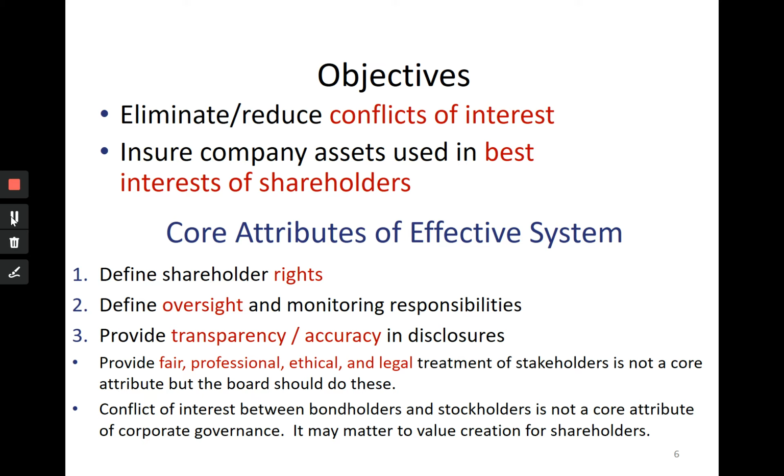The other issue is the conflict of interest between bondholders and the stockholders. That is, the stockholders or owners may want to shoulder more risk and take advantage of bondholders who have loaned money with the understanding that there is a certain limited amount of risk.